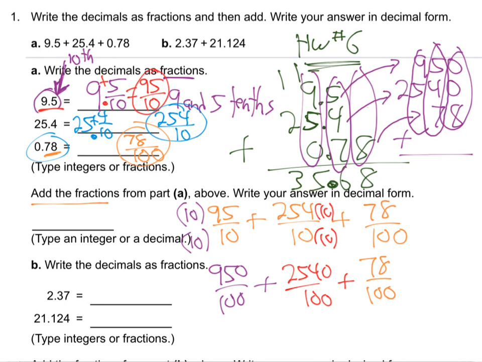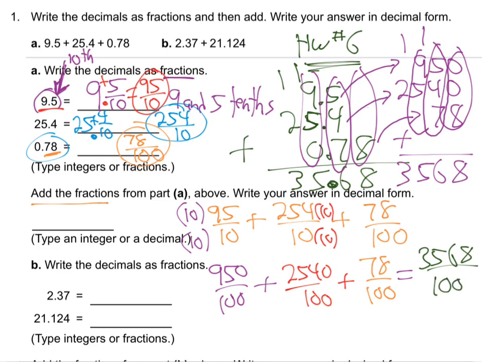So when you do all that, you're going to get 8, and here you're going to get 16, and that's 10. Can't even tell what that is now. 15, and then that's 3, 5, 6, 8. So I add all those up, and I get 3568 over what? 100.